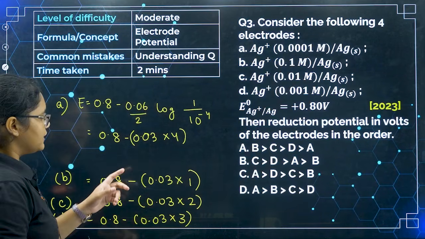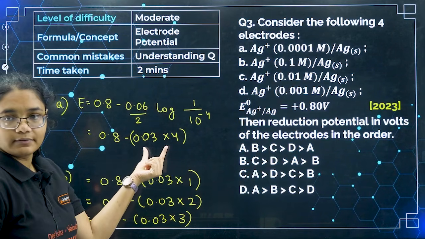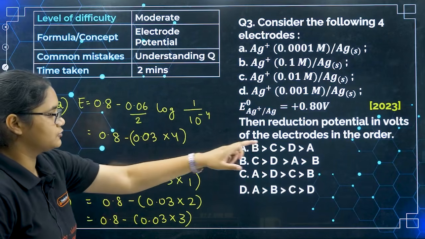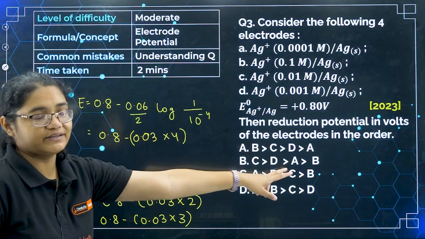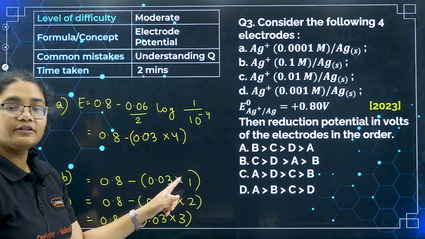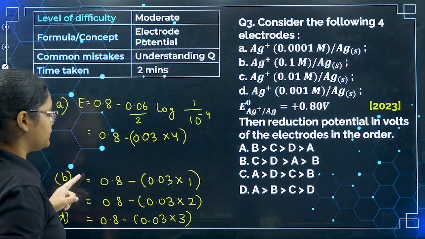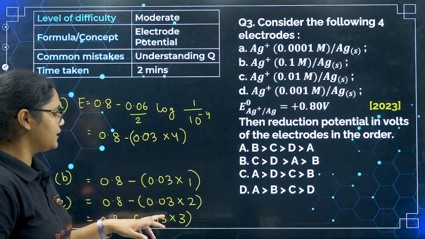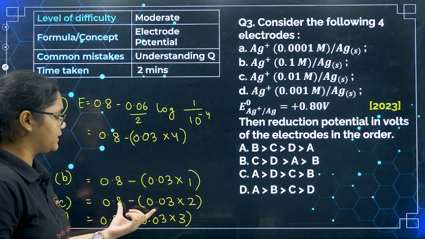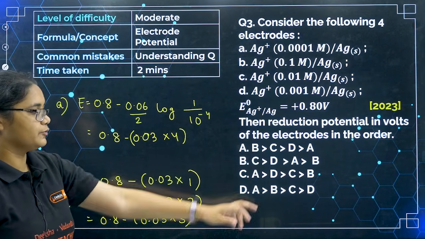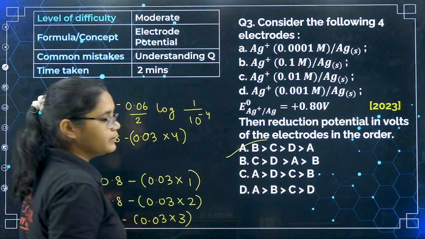So now you see, here you are subtracting the biggest number, right? So this value will be the least one, so A has to be the lowest value. Here you are subtracting a smaller number, 0.03 into 1, so this will be the highest. Then you are subtracting the next smaller number here, so B, C, D, A. So that is why we have option number A here.